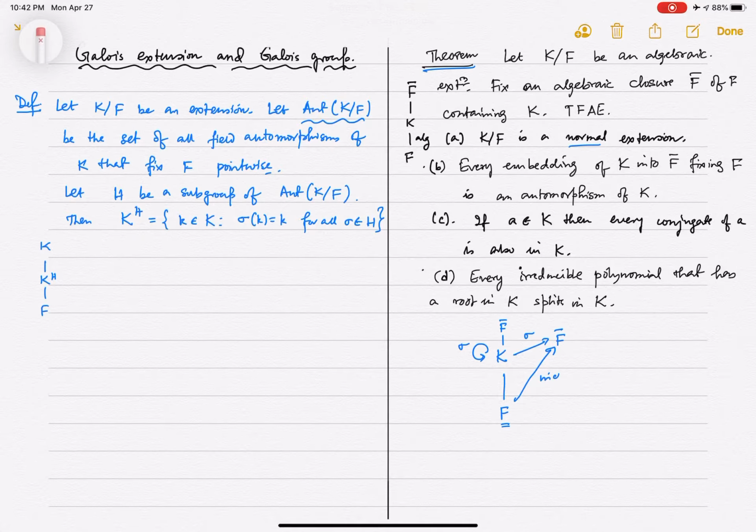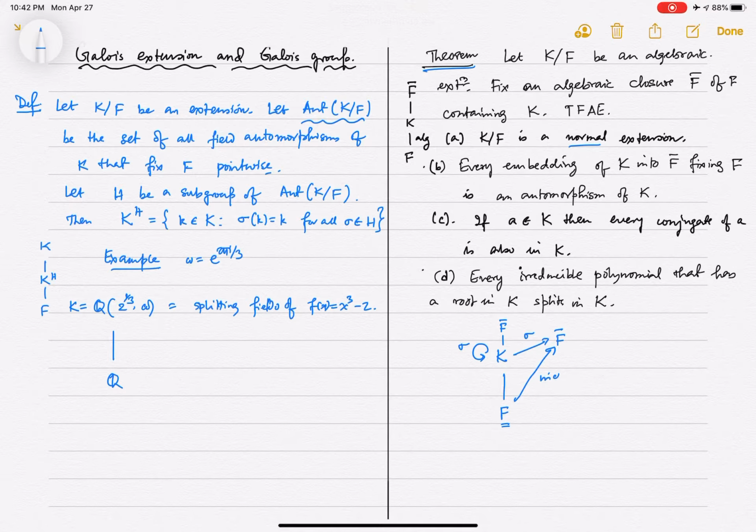So let me do an example before going on. Our standard example of a splitting field extension has been Q adjoin 2 to the 1/3 and a cube root of unity. So this is our K, let's say. This is the splitting field of f(x) equals x cubed minus 2, right?